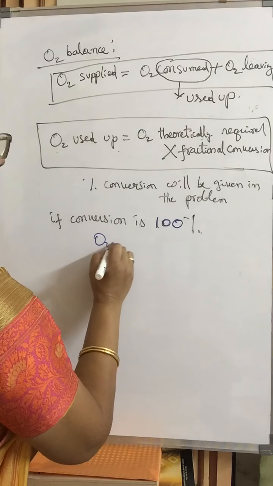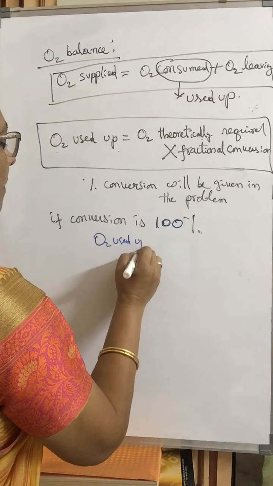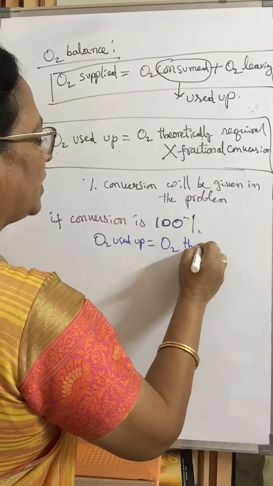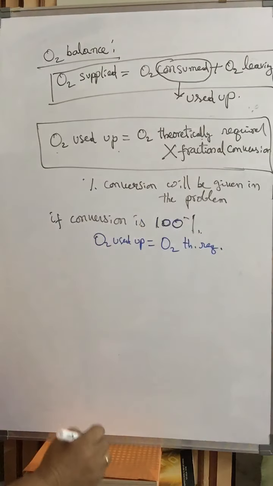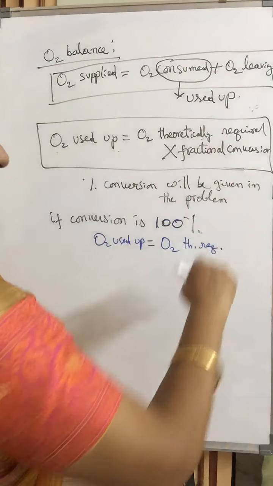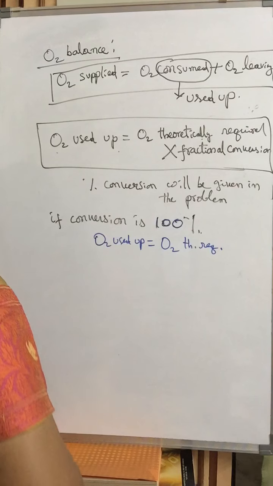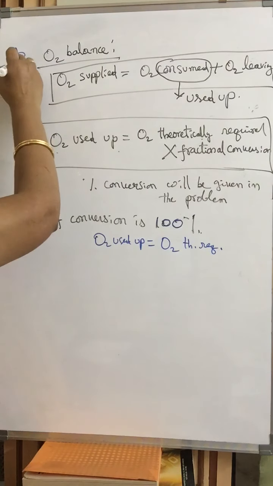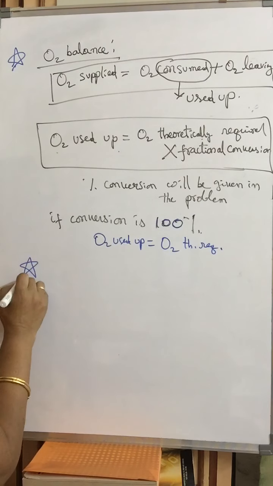Therefore, oxygen used up is equal to oxygen theoretically required. If excess is there, then that much excess is added. So this is the oxygen balance that we have discussed.